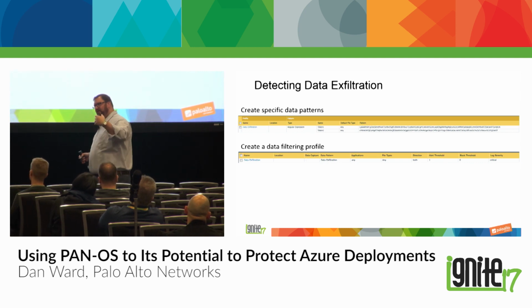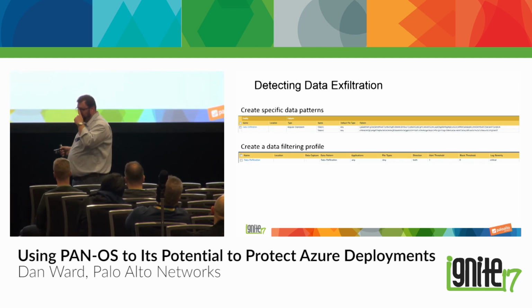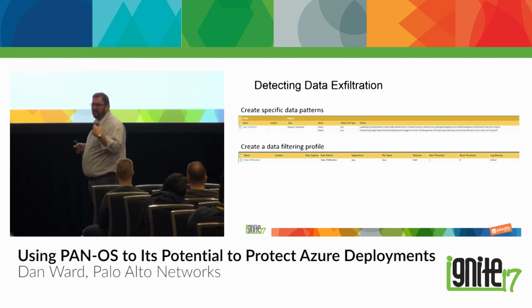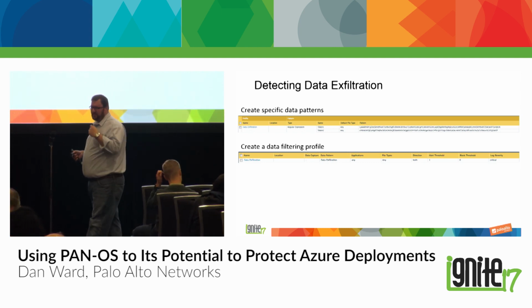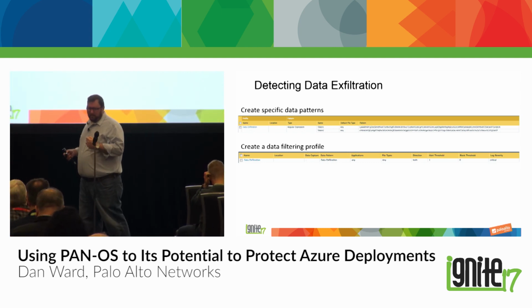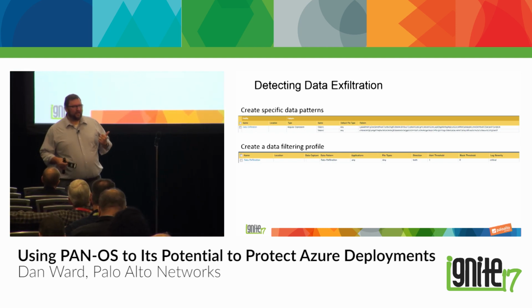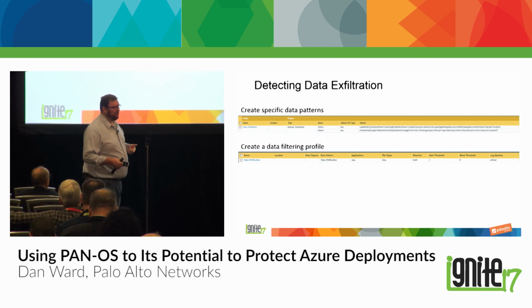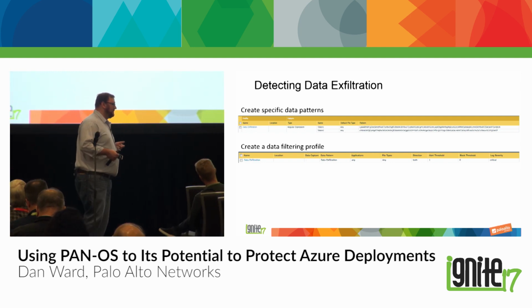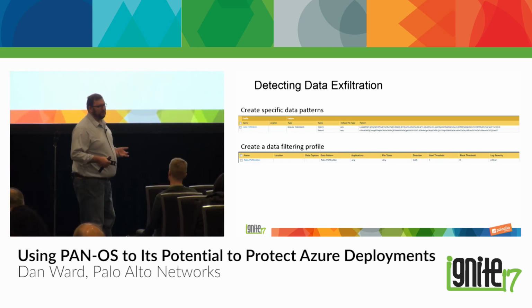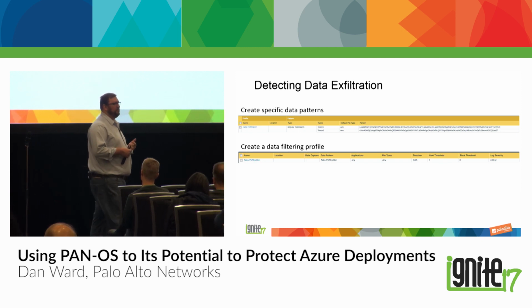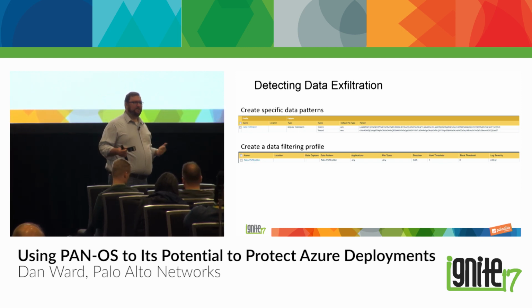If you think about the built-in functionality of Palo Alto with app ID, user ID, all this contextual information that we generate as well, not only do I get that the data was exfiltrated, what file it was, or what request it was, I also get what application was used, who the end user was, right? Source and IP information.